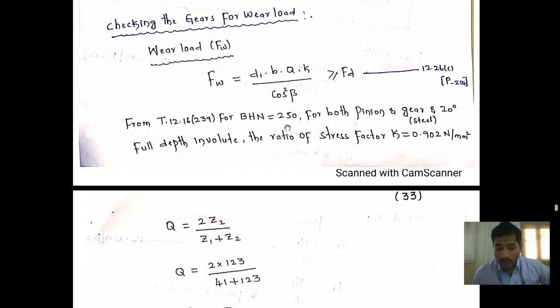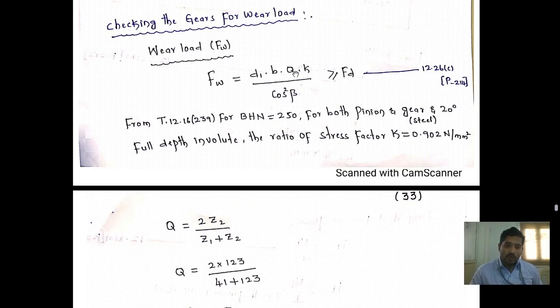You have to consider 250 here, because both gear and pinion are made of the same material. So we have to consider the 20 degree involute full depth, and the stress factor we consider here is 0.902 Newton per mm square. Clear?